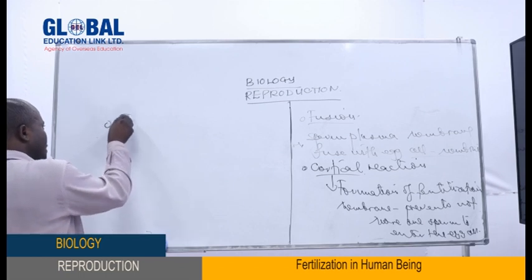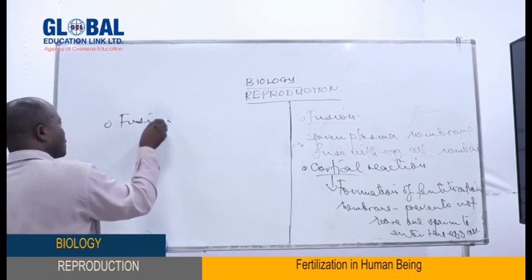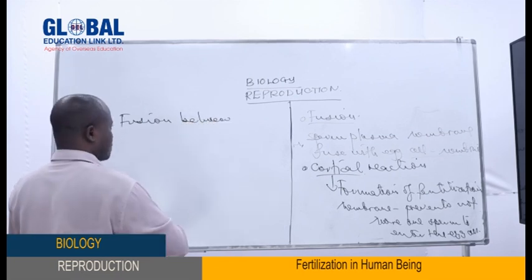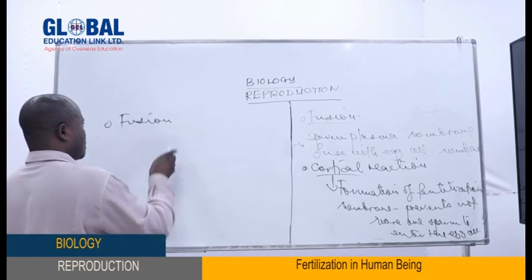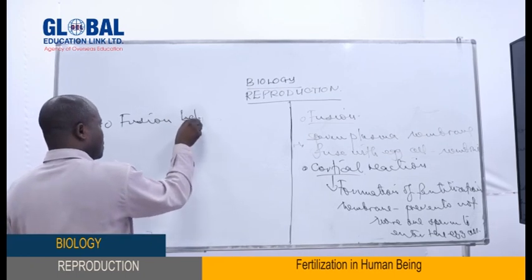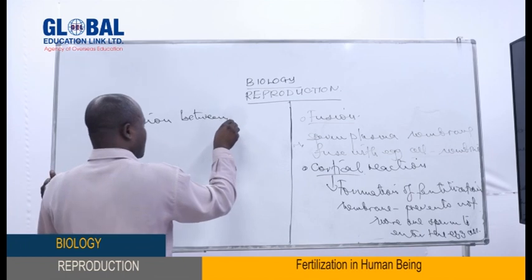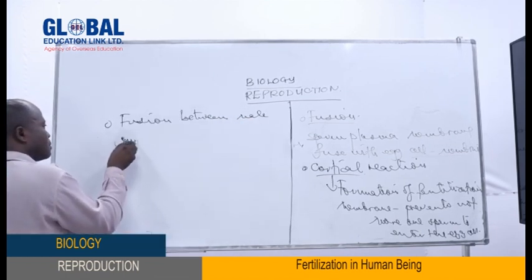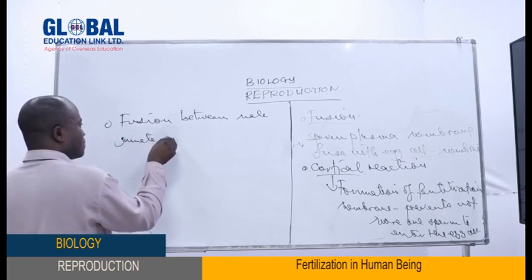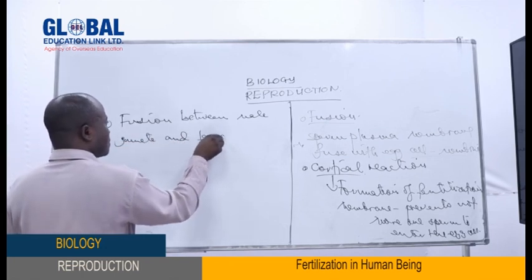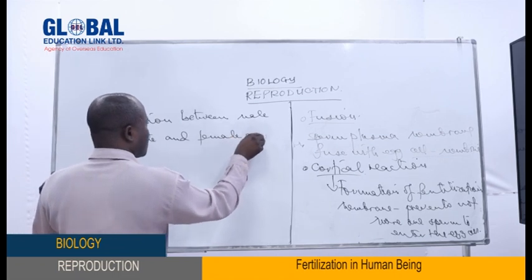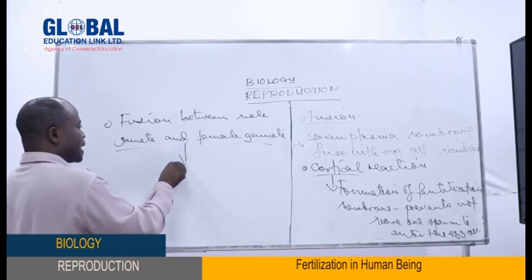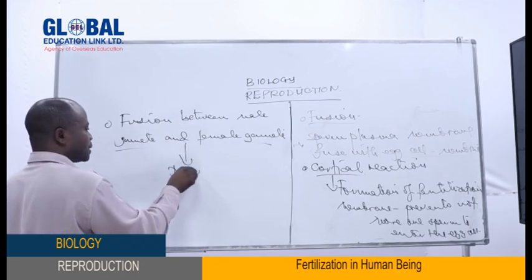Here is a fusion between the two nuclei. This process of fusion results in a diploid zygote.